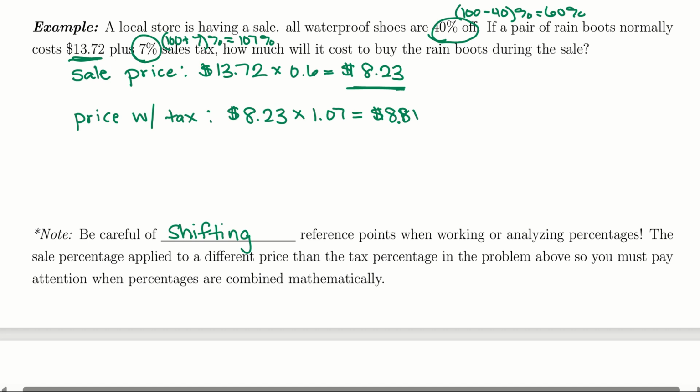If you want, you can compare this. So for a comparison, if we thought that we could take the original price of the shoes and apply the discount and the sales tax all at one go, let's see what our answer would have been and see if it's the same.